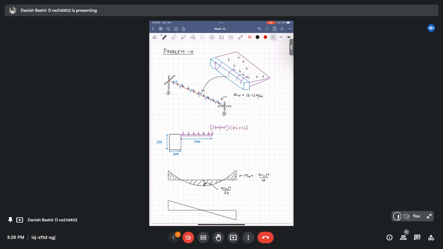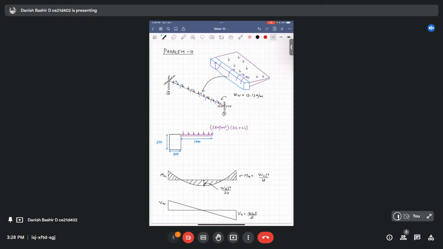So we will have shear force Vu equals wu l by 2, as it's a uniformly distributed load.